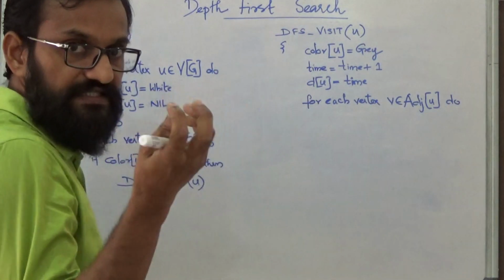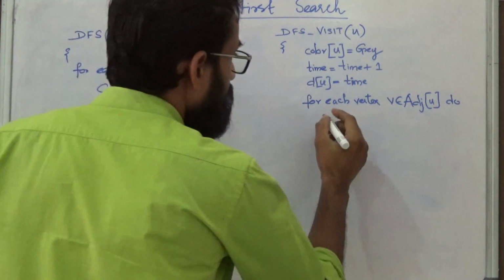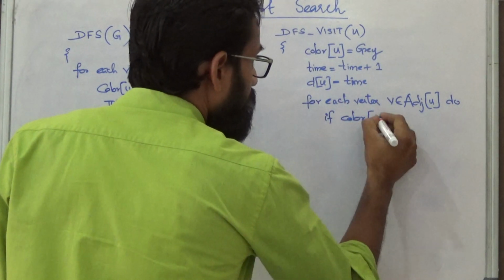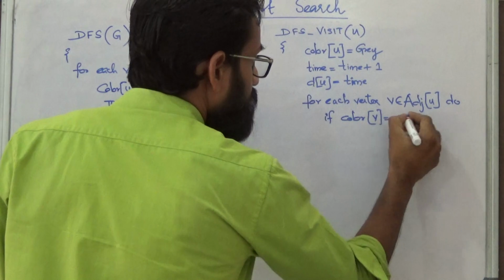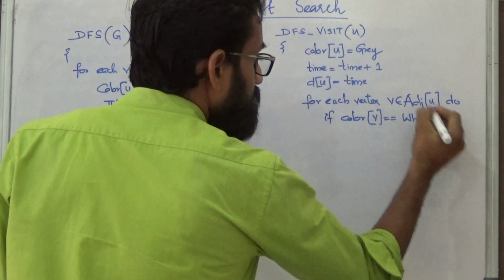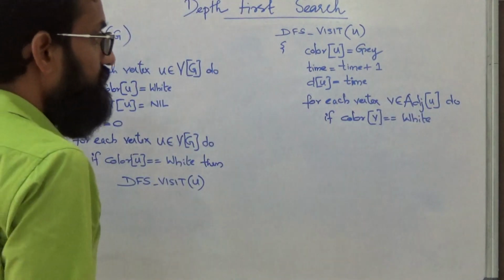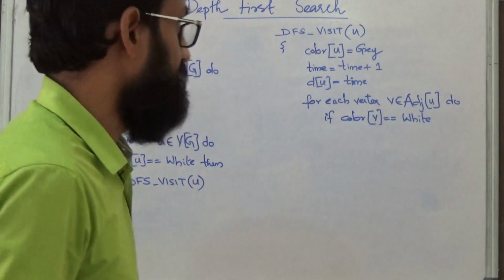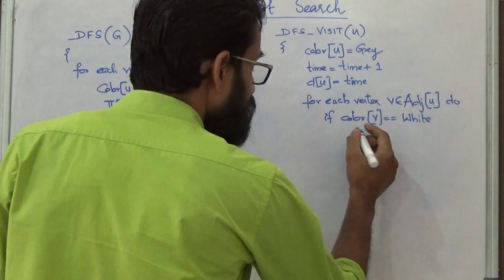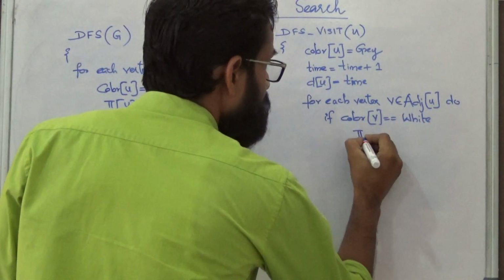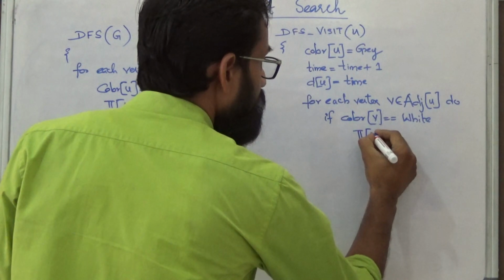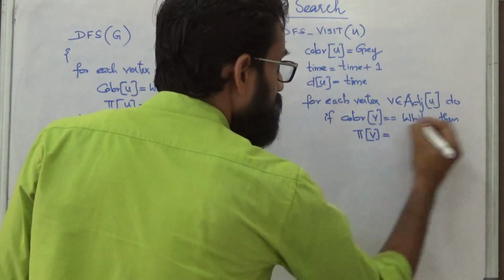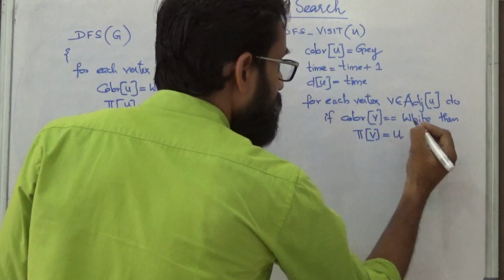First take the first adjacent vertex, let it be v, and if color of v equal to white, then you have to discover that particular vertex. You can update the predecessor. So predecessor of that v will be set as u.